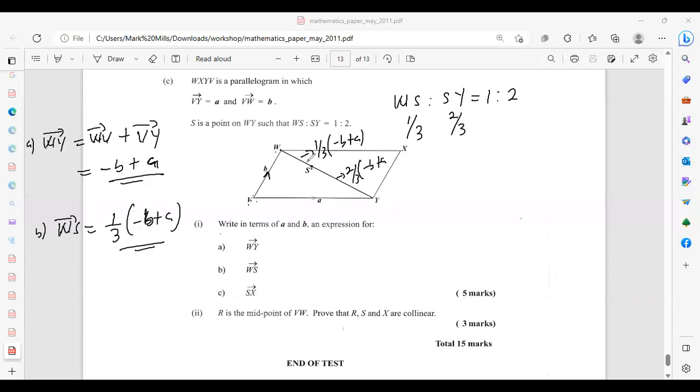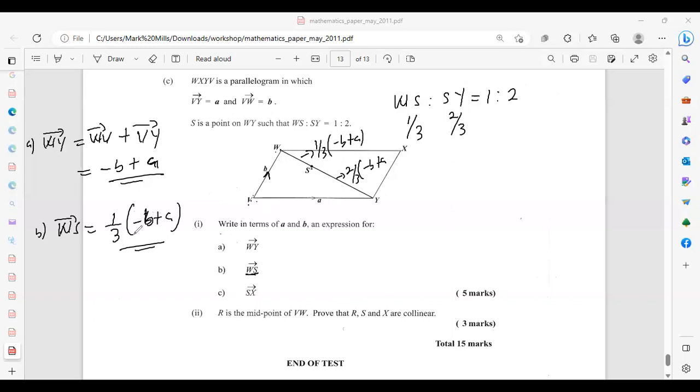Now, everything WY is negative B plus A. Remember that, right? Now, if I want to find WS, it will be 1/3 of that answer. So it will be 1/3 negative B plus A. And SY would have been 2/3 negative B plus A. They only ask for WS. Look at it. They ask for what? WS. So WS will be 1/3 negative B plus A. Follow through?